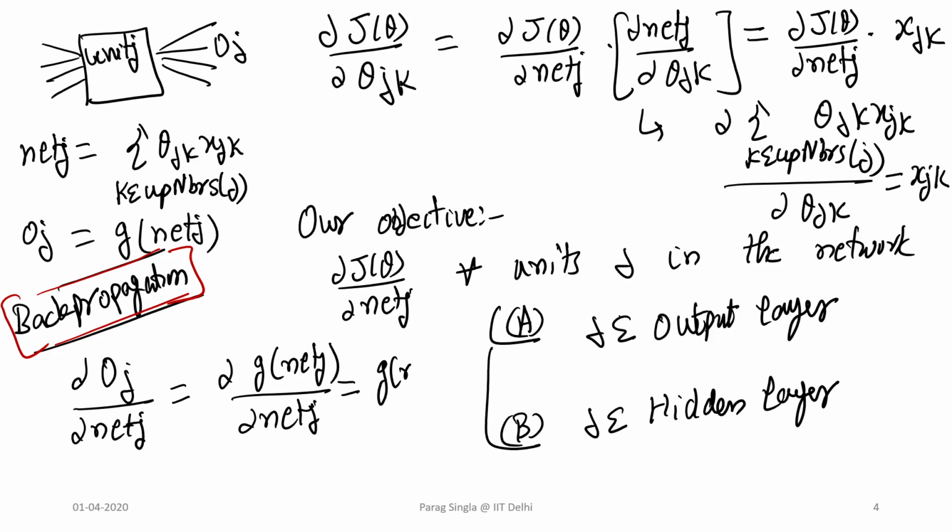Therefore, this is g of net j into 1 minus g of net j, which is nothing but Oj into 1 minus Oj in a simplified form. Okay, very good. So let me proceed.